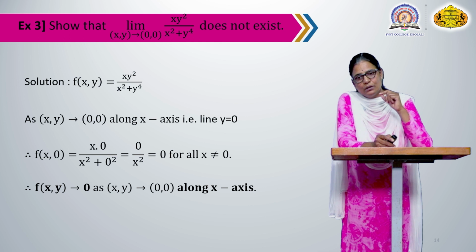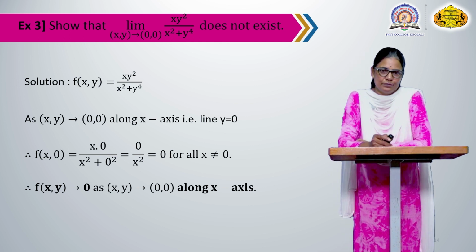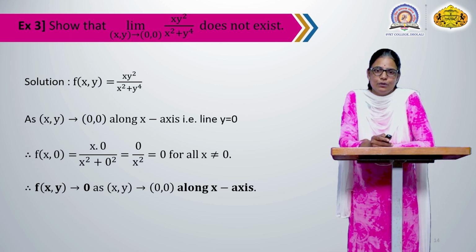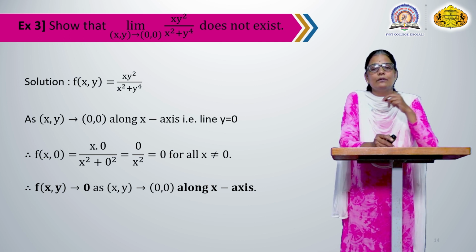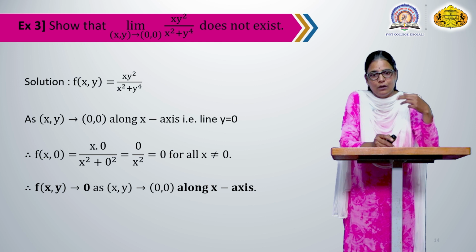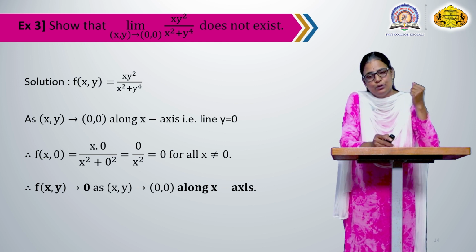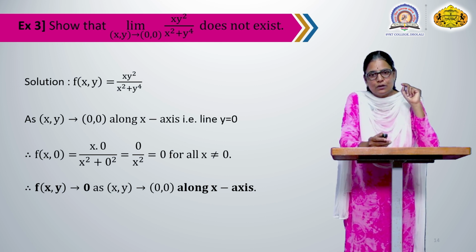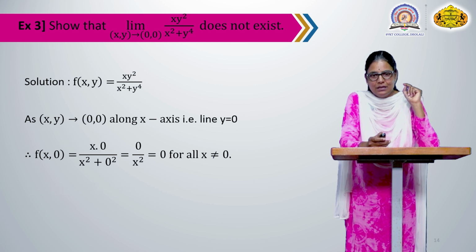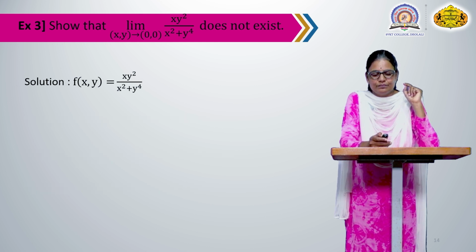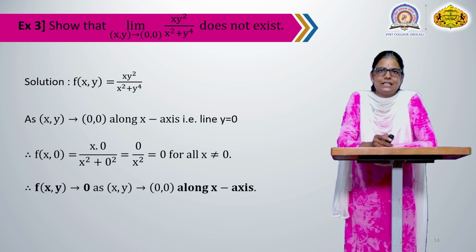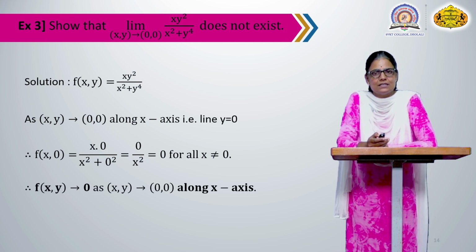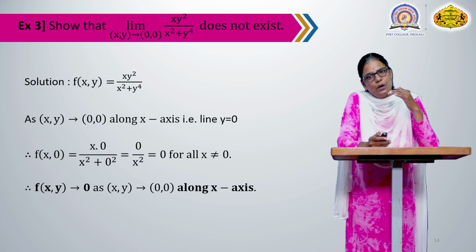So now here we want to find another path. How do we find another path for this function so that we get a different limit, or a limit other than 0? If you observe the first or the second example, if you remember the first example, the function is x square minus y square upon x square plus y square.